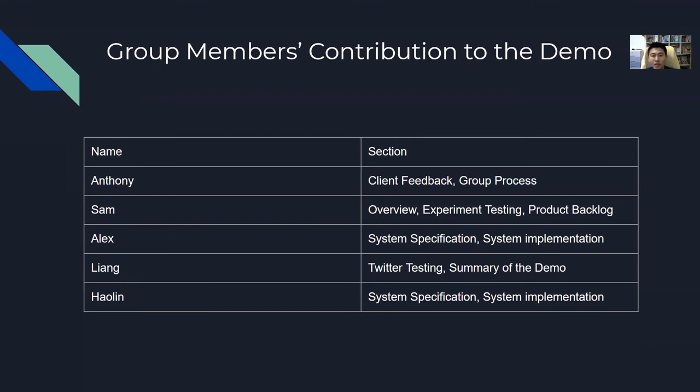Alex does the system specification, and he also shows how we implement the system. And for me, I show the testing for the Twitter part, and I also made this summary for the demo. And Hao-Lin finishes the system specification and the system implementation together with Alex.